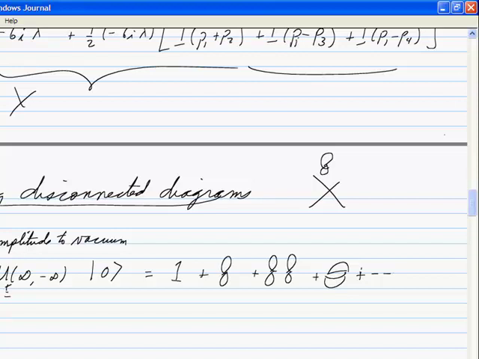So the sum of these is at most a phase, e to the i theta. Okay. And in fact, it's actually not that hard to show that these guys exponentiate and are a phase.